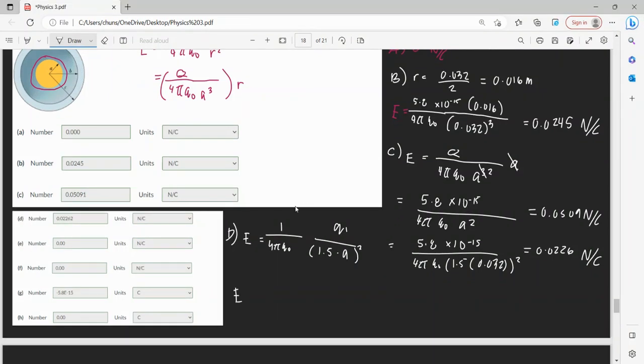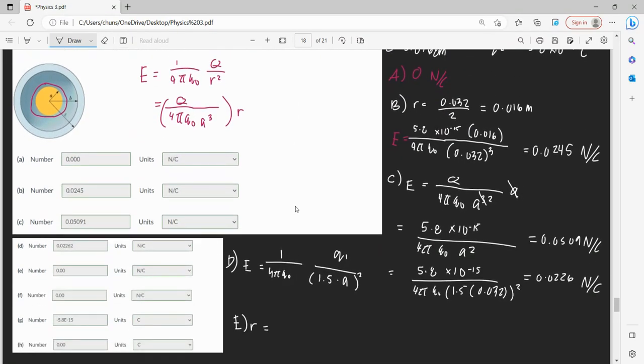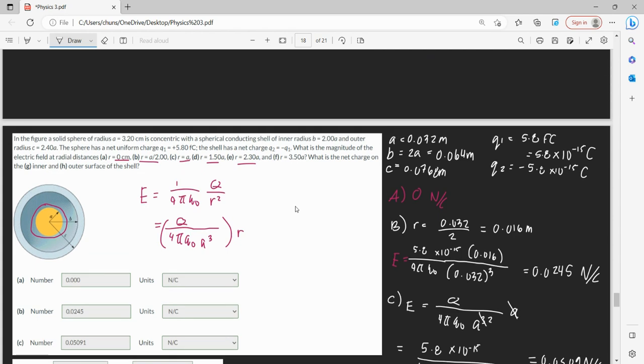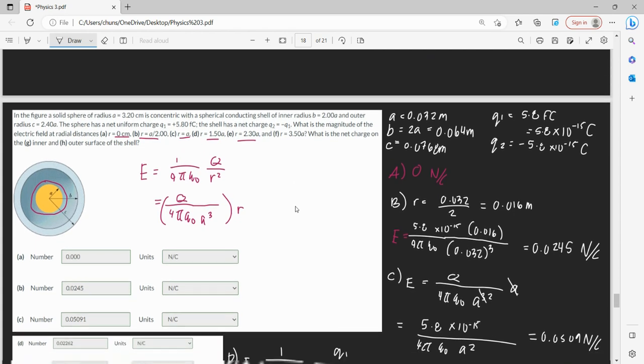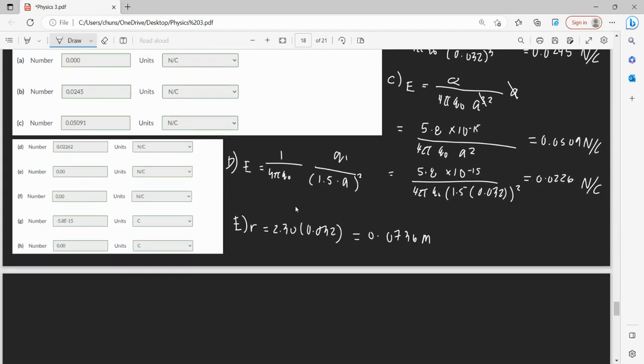For E, our radius is equal to 2.30 times A, which is equal to 0.0736 meters, which is greater than B but less than C. So R is greater than B, less than C.